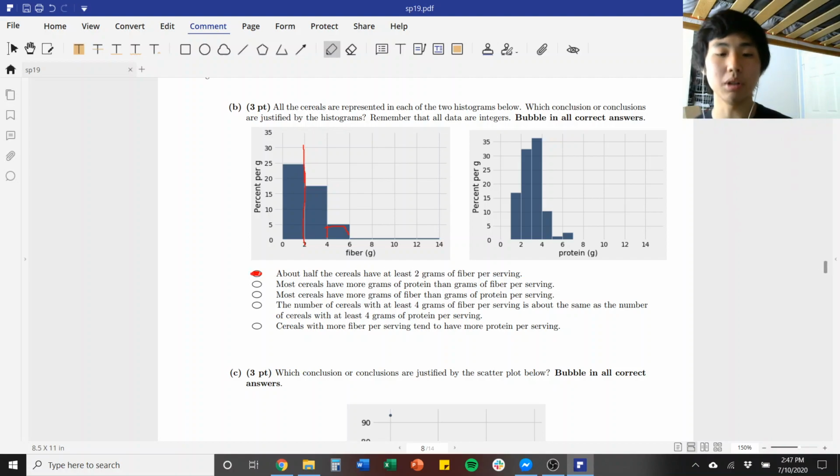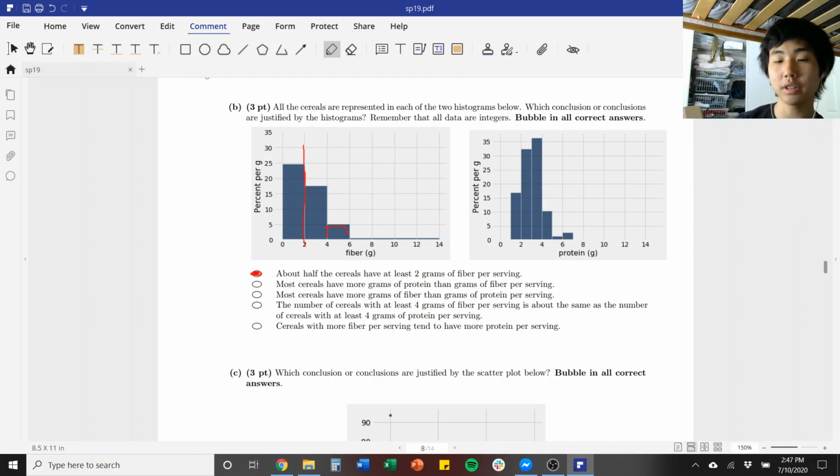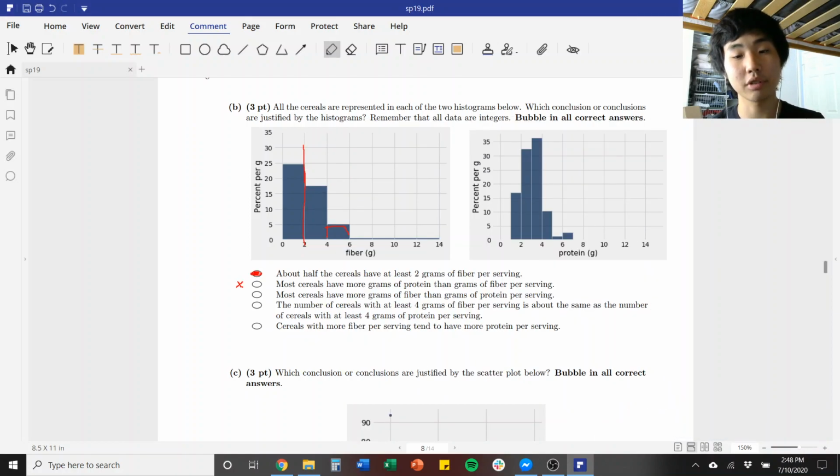The second one is that most cereals have more grams of protein than grams of fiber per serving. While it is true that the histogram of protein is a bit higher skewed than the one for fiber, this is not a valid conclusion, because there is a way to assign all the cereals so that all the cereals that have a lot of fiber have basically no protein, and all the cereals with no fiber have a lot of protein.